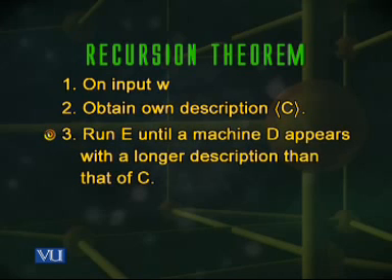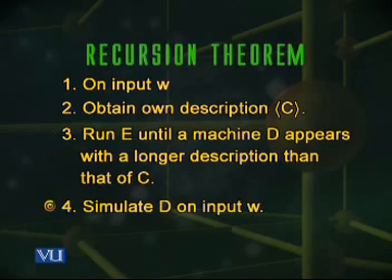Now what this Turing machine does is it runs the enumerator E, which starts enumerating machines which belong to MIN-TM. Since MIN-TM is infinite and it contains Turing machines whose description is arbitrarily large, therefore eventually a machine D will appear whose description is longer than the description of C itself.